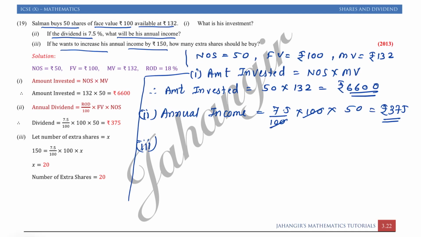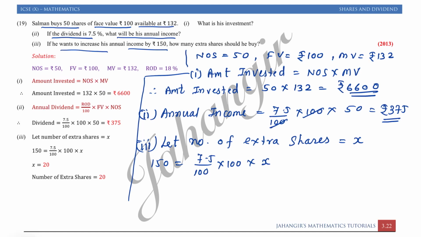Third part is if he wants to increase the annual income by 150 rupees, how many extra shares should he buy. This type of sum we have done. So I will take the number of extra shares as x. So 150 is the income on extra shares. So 150 is equal to 7.5% of face value into number of shares.